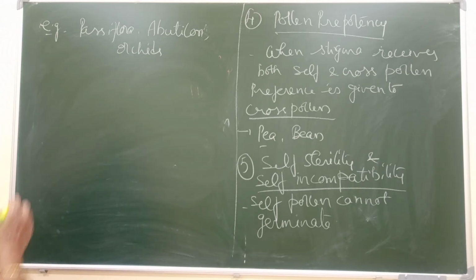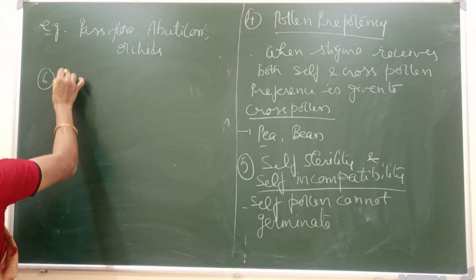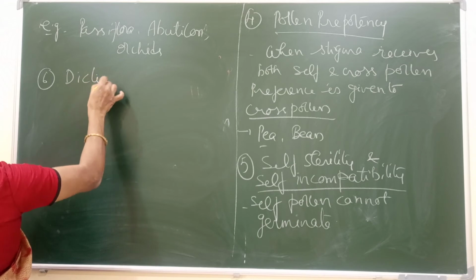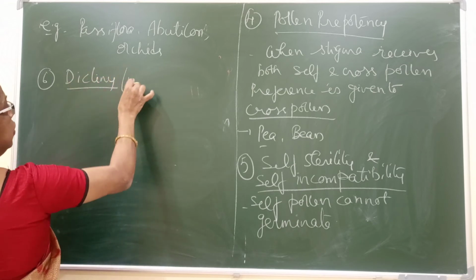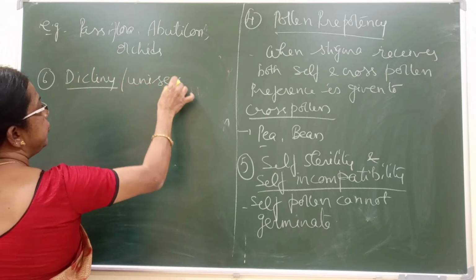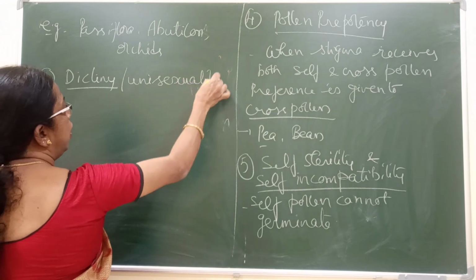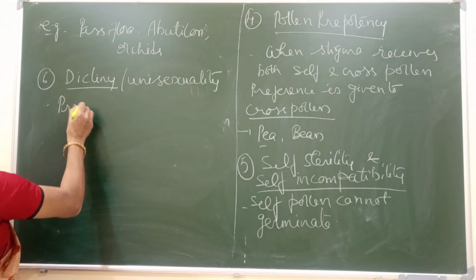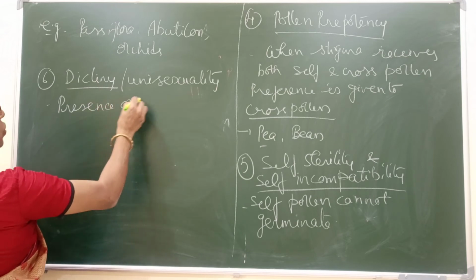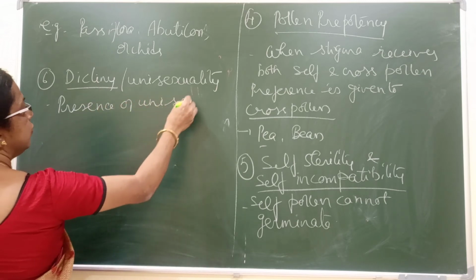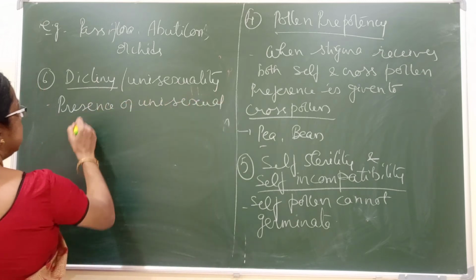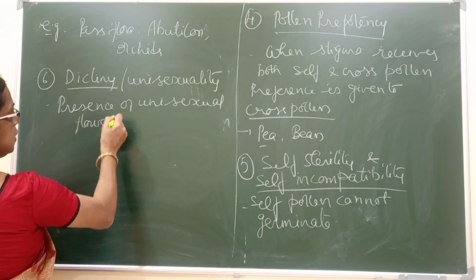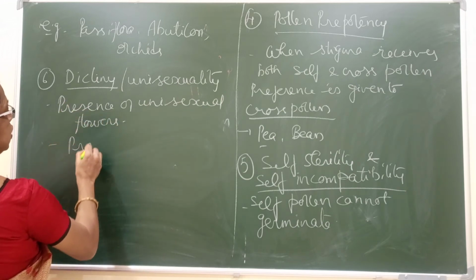Okay, now let us see the last type of contrivance called dicliny, or unisexuality. So, presence of unisexual flowers. What is the meaning of this?